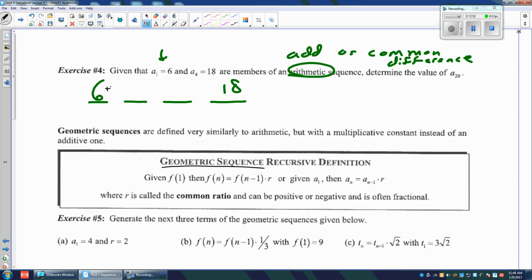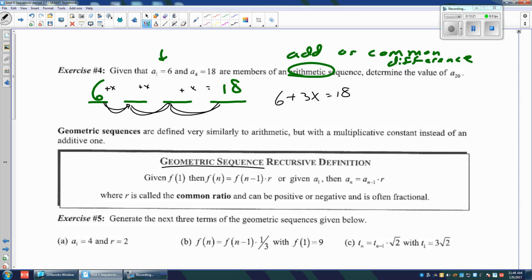It's going to be 6 plus x, and that equals the next number. Then this number plus another x equals the next number, plus another x equals that number. I added once, I added twice, I added 3 times. So 6 plus 3x has to equal 18.